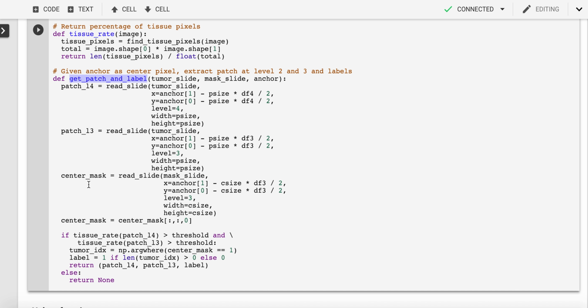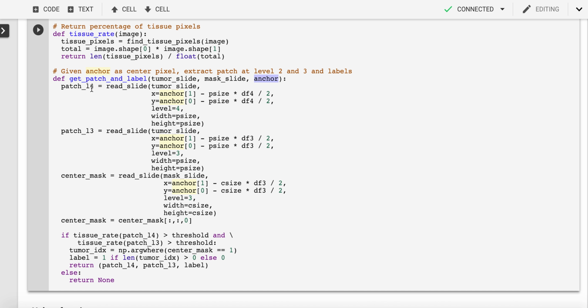You can see that given the tumor slide and the mask slide, the anchor here means the position of the center of the patch. Based on that, we calculate what areas we need in our patch.